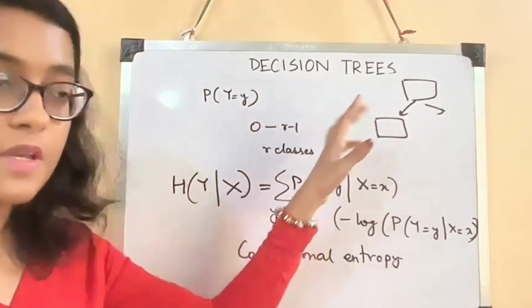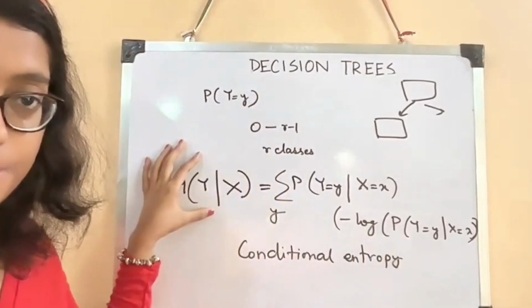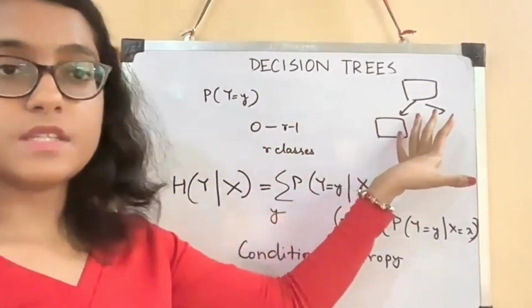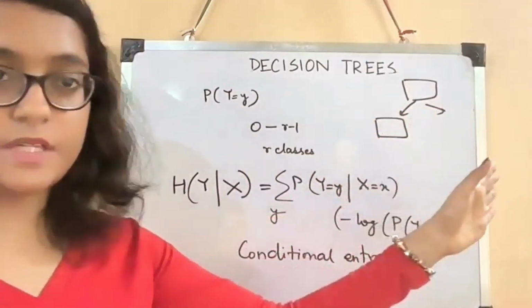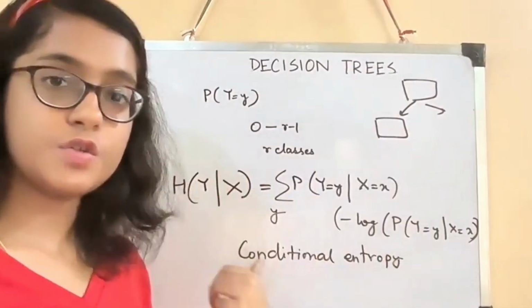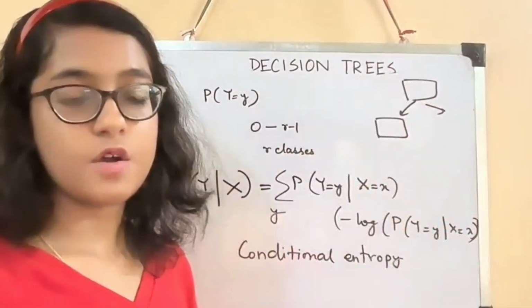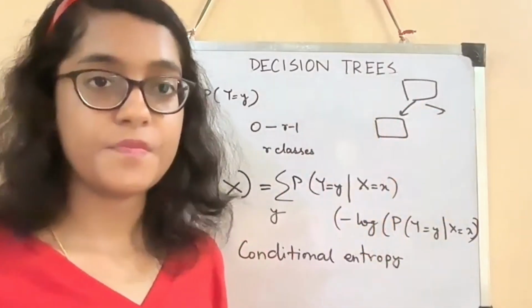We would use humidity and calculate this value. We would use the next one, which is precipitation, and calculate this. Whichever has the minimum H, we are going to use in that node to split the tree.